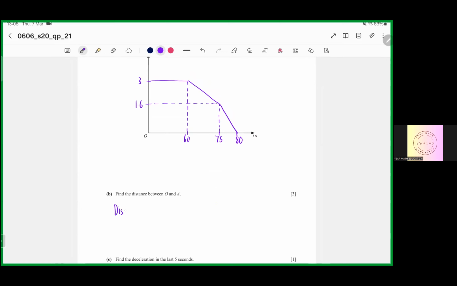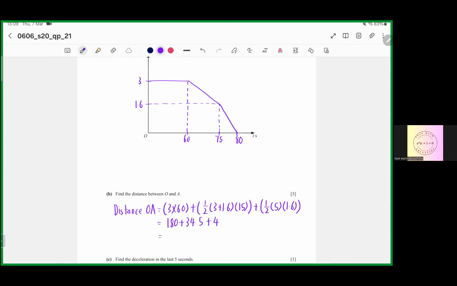So distance OA equals 3 times 16 plus 1/2 (3 plus 1.6), and then here is 15 plus 1/2 times 5 times 1.6, which equals 100 plus 34.5 and plus 4.